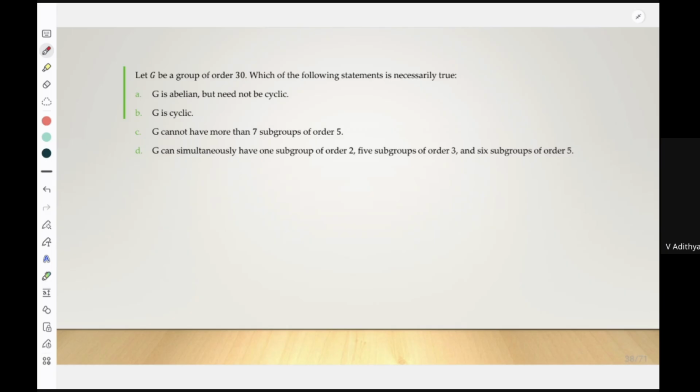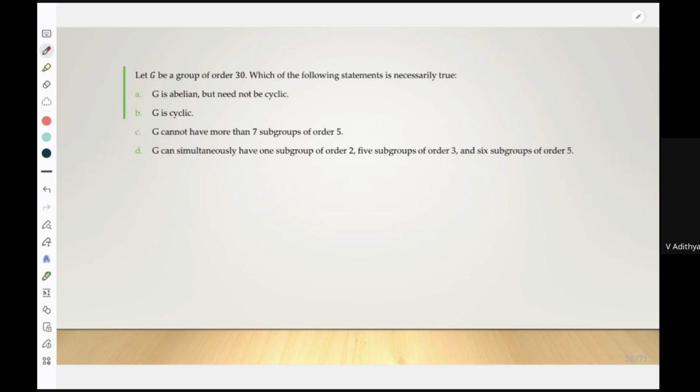So if G is a group of order 30, is G abelian? Is every group of order 30 abelian? Or do we know any group of order 30 which is not abelian? D15 or D30, right? It depends on which notation you use.